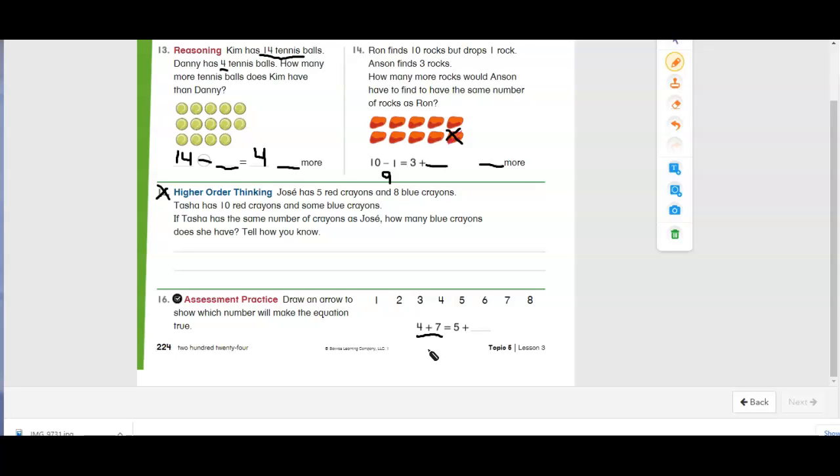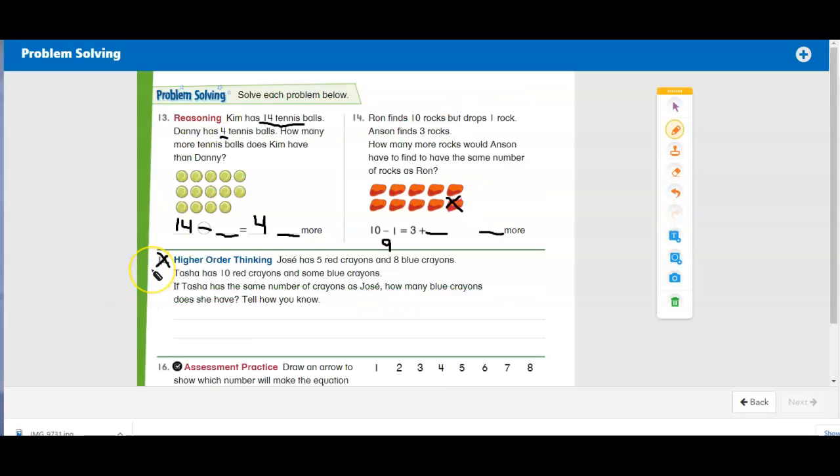Once you find that answer, you then need to see 5 plus what number would also give me this answer. Remember, to be a true equation, both sides of the equal sign need to be the same number. And remember, we are not doing number 15.